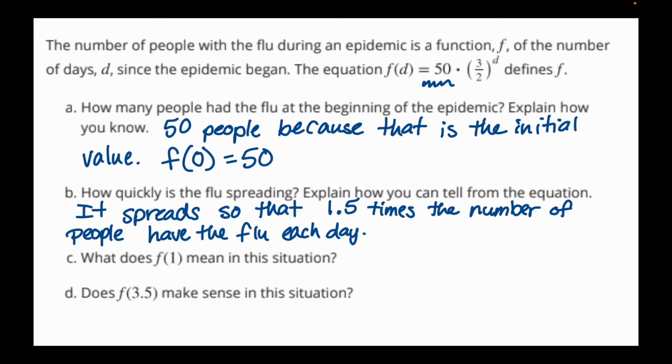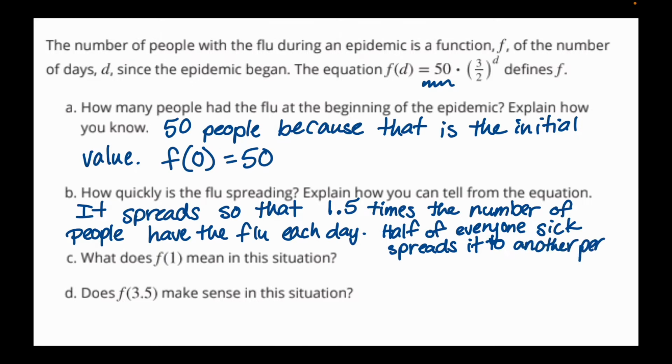So yeah, I can say each half of everyone sick spreads it to another person. Because ultimately, if I'm trying to explain how it's growing, it's not that every single person is, it's just that half of everyone who's sick is spreading it to another person, and this is each day as well.